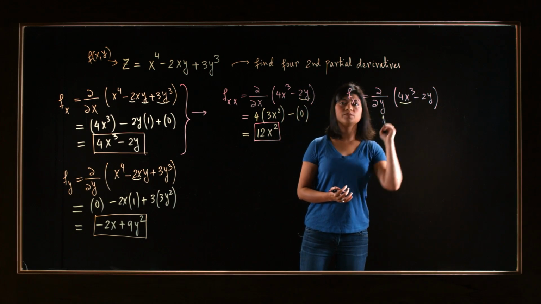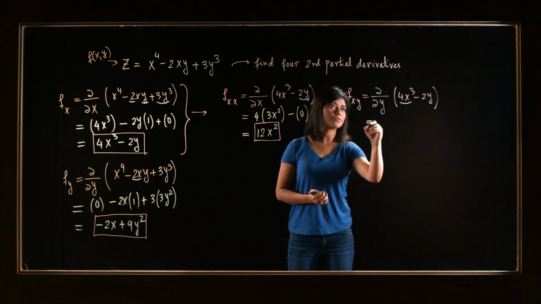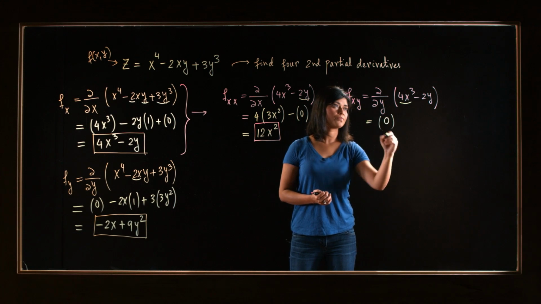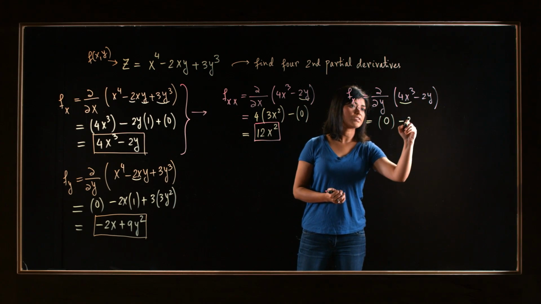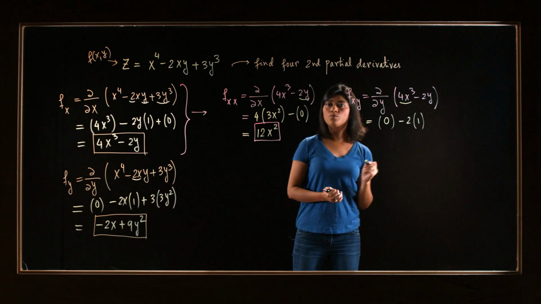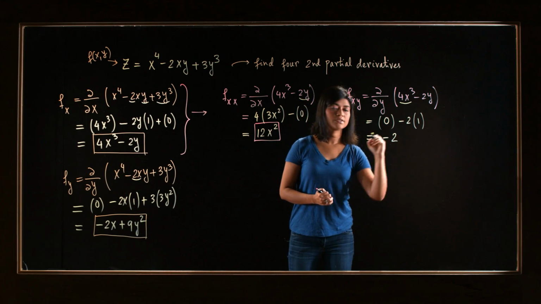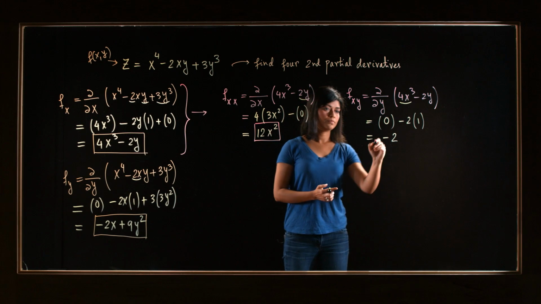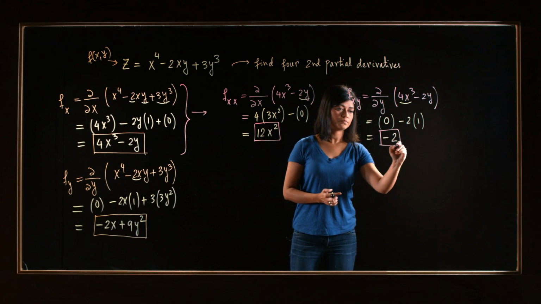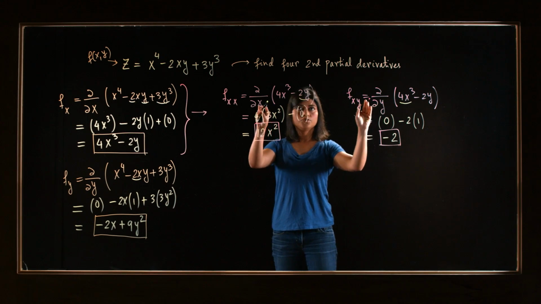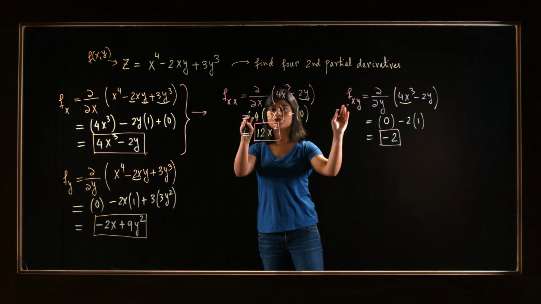So for the first term, the whole thing is constant, so the derivative is 0. And for the second term, it's negative 2 and the derivative of y is 1. So simplifying this, we just get negative 2. So we got 2 second partial derivatives.